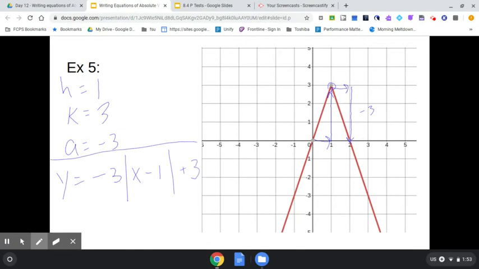There's no simplifying that I can do there. That's already simplified. So just recapping what happened to the graph, we moved right 1 unit and up 3 units, and then it is being stretched vertically by a factor of 3, and it reflected. It's opening down instead of up, and that's what that negative sign does.